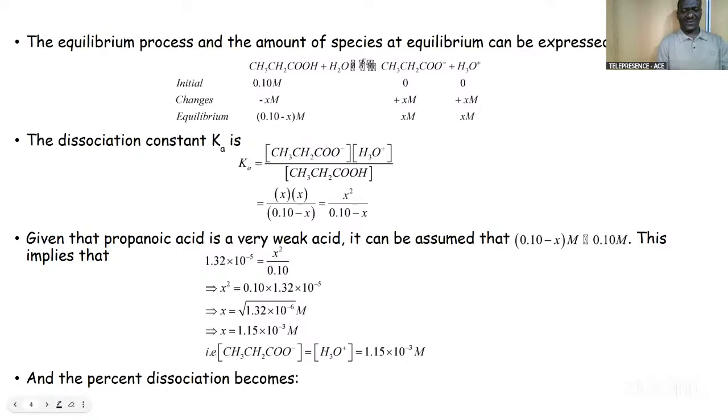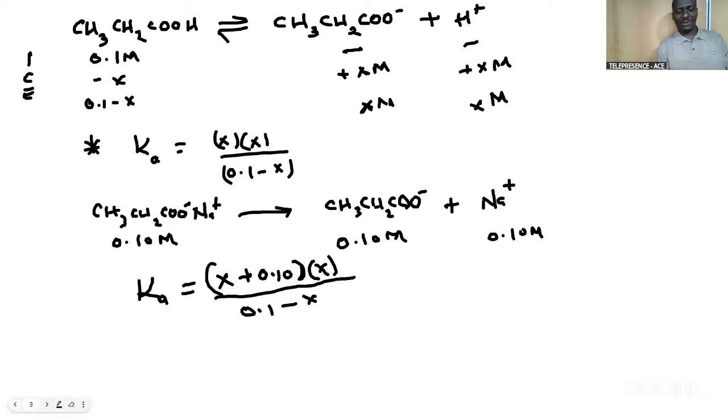We have here the dissociation constant of propanoic acid, 1.32 times 10 to the power of minus 5. So we know that Ka is 1.32 times 10 to the power of minus 5.